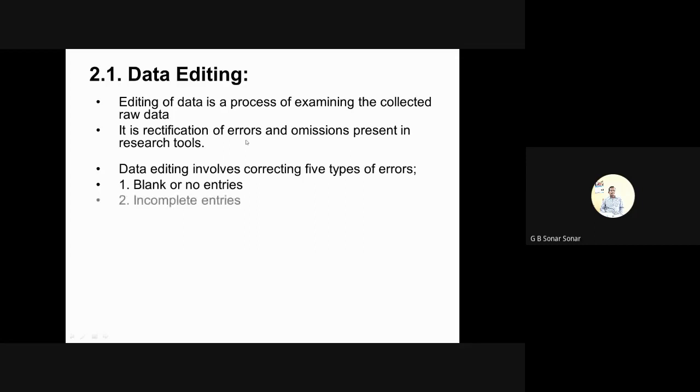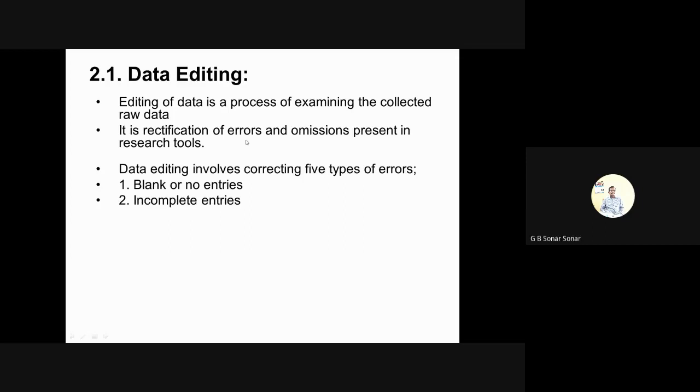Now, the second type of error usually found in the research tools is incomplete entries. Incomplete entries means the answer will be there, but it will not be adequate, or a complete answer will not be there. For example, there is a question like, what is your annual income?